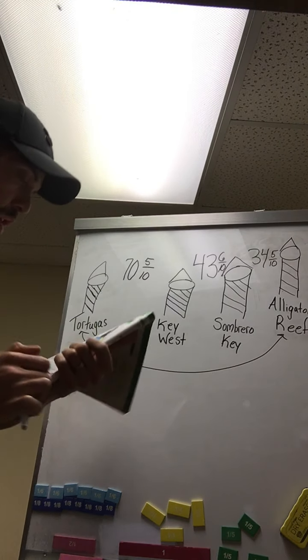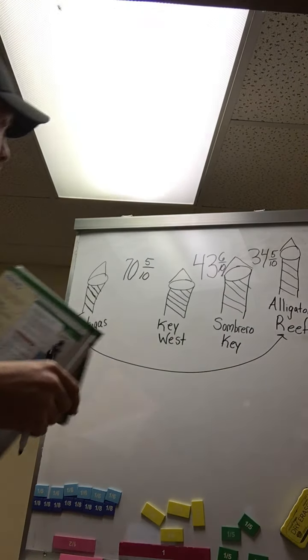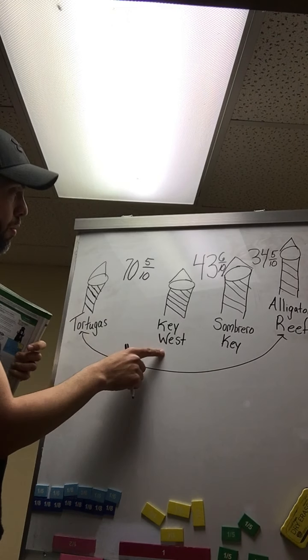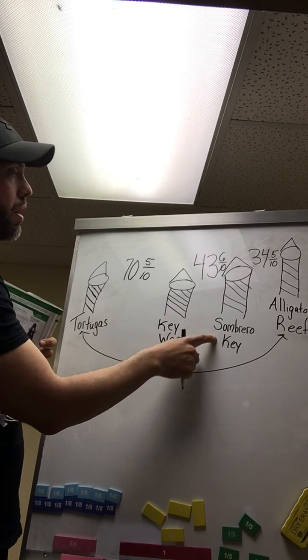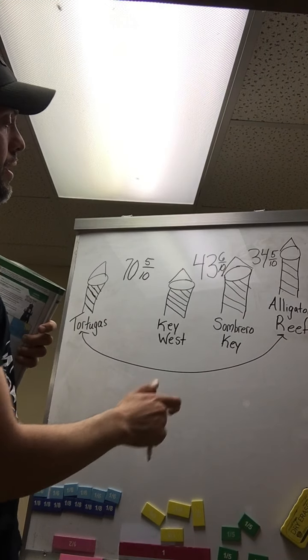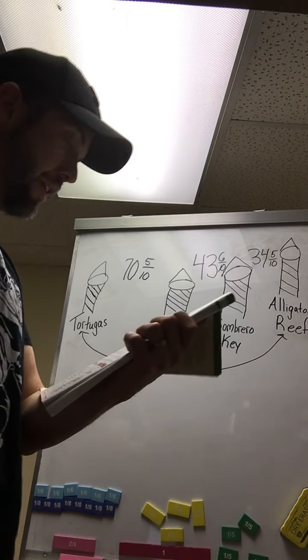On your map here, you'll see there's 3 mixed numbers. From the Tortugas to Key West is 70 and 5/10. From Key West to Sombrero is 43 and 6/10. And from Sombrero to Alligator is 34 and 5/10.